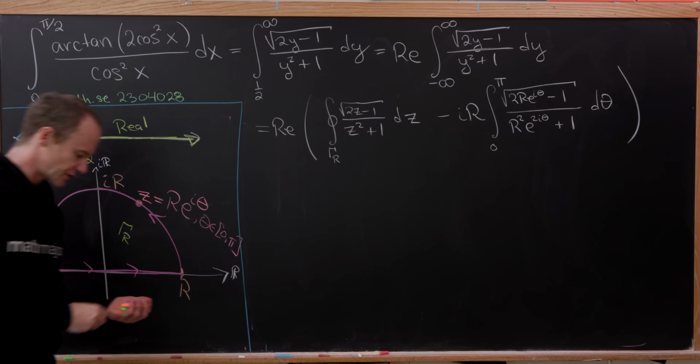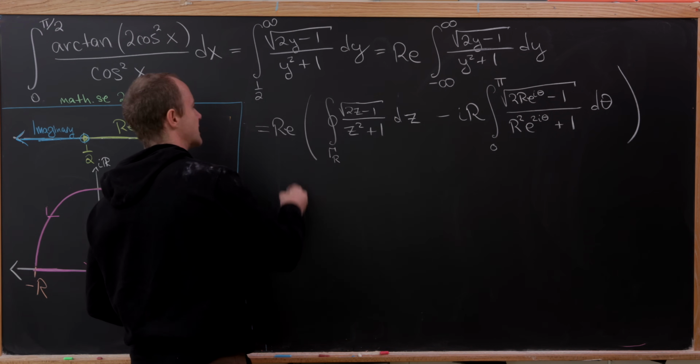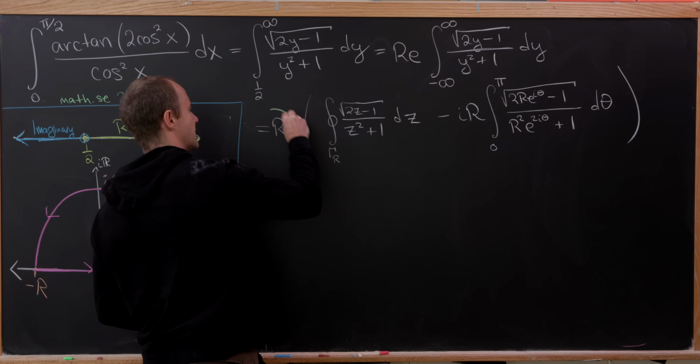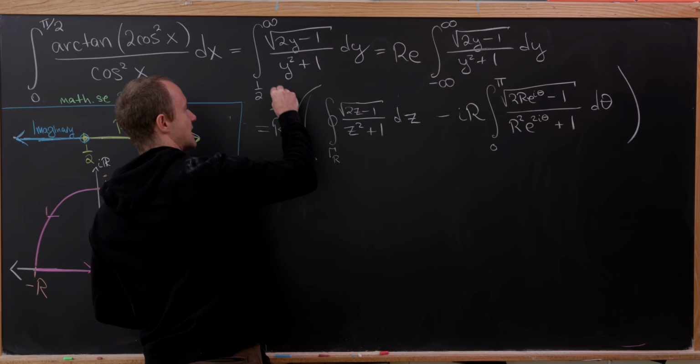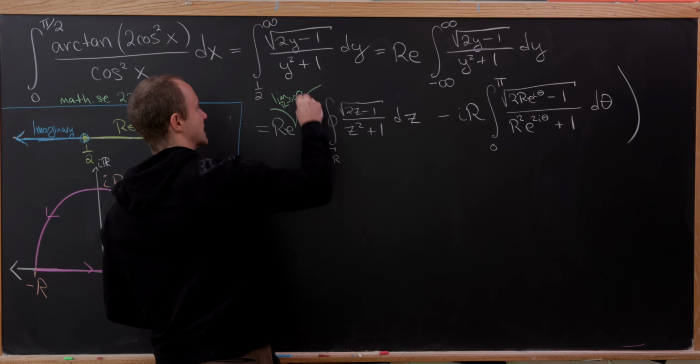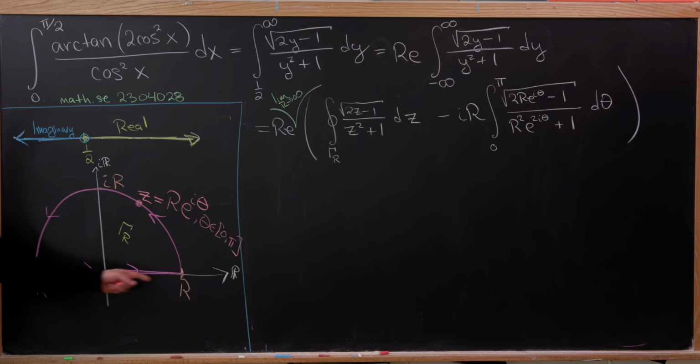But now let's also recall that an understood limit is existing right here, and maybe I'll put that coming out of this bit. That's the limit as capital R goes to infinity, because we want this to take up the whole real number line in the end.